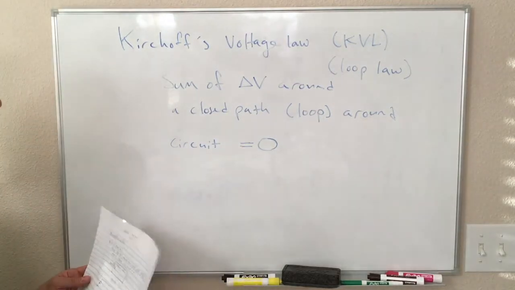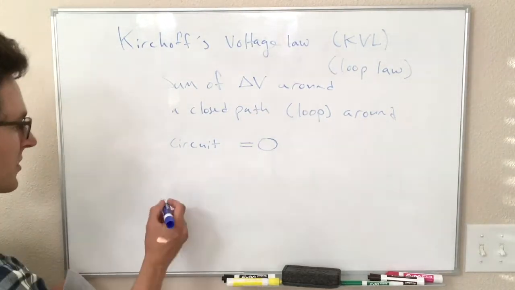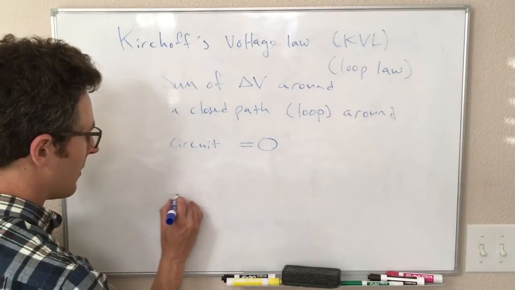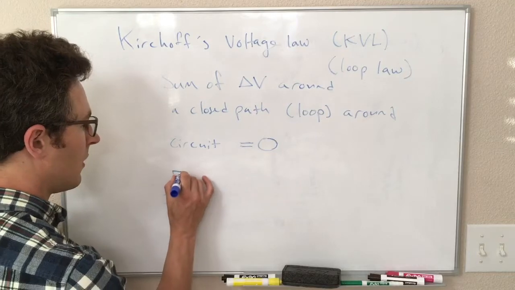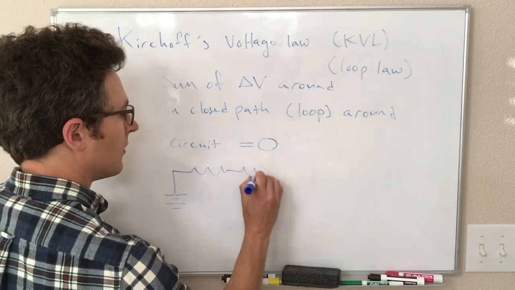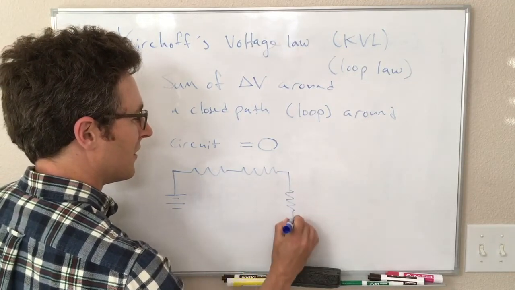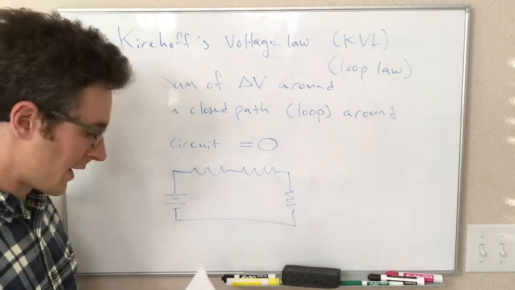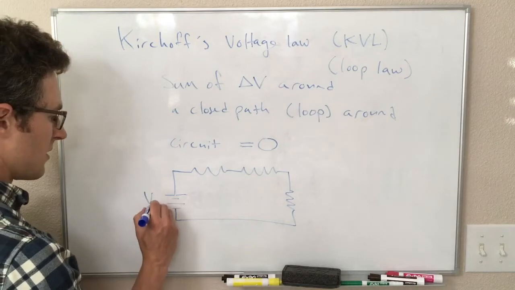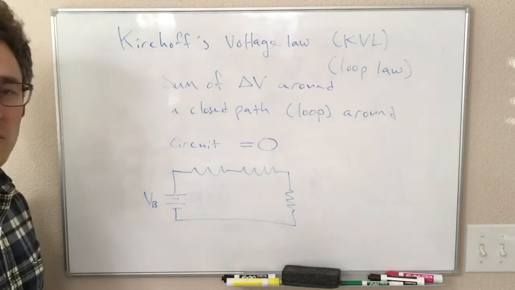So a very simple example without doing any numbers. Imagine that we have a voltage source over here and several resistors in series connected with that. So we'll say this has voltage VB.